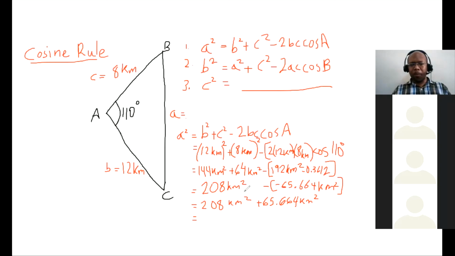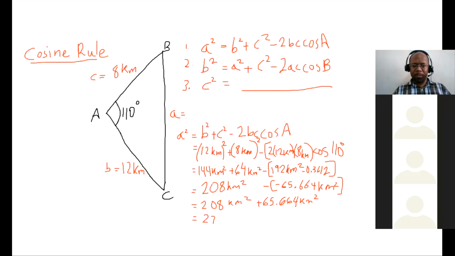Okay, check it out. We're going to add 208 plus 65.664. What did we get? 208 plus 65. I get 270 something.